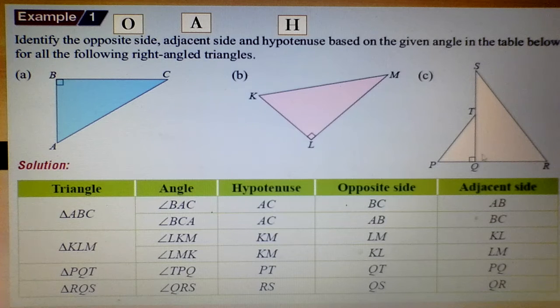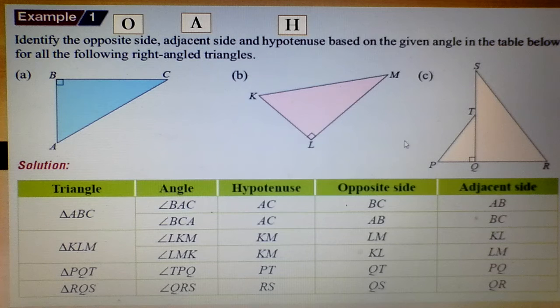Okay, and this is 90 degrees, so you can just draw a small square here. So SR will become hypotenuse, the one that is opposite to 90 degrees. For angle QRS, SQ will become the opposite side, and QR will become adjacent.